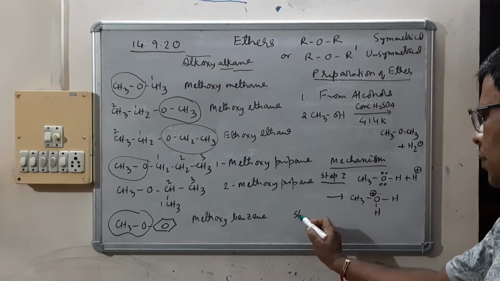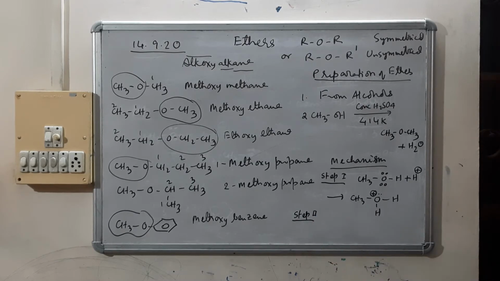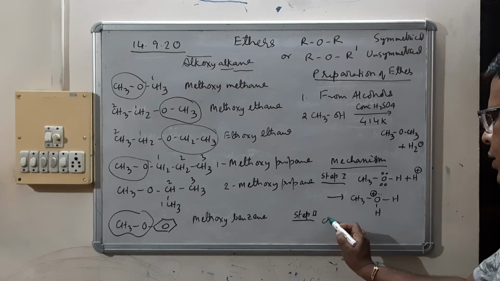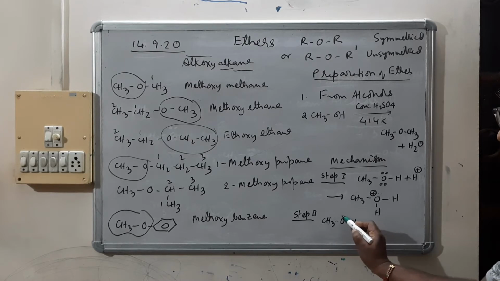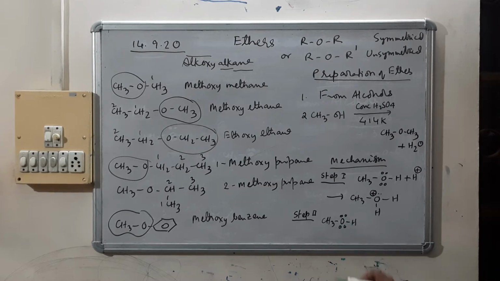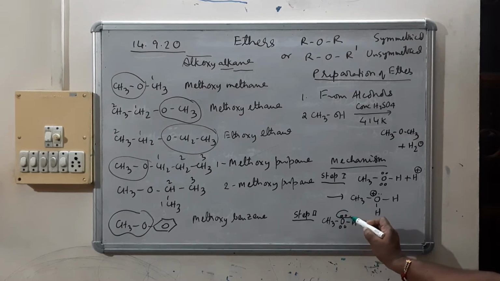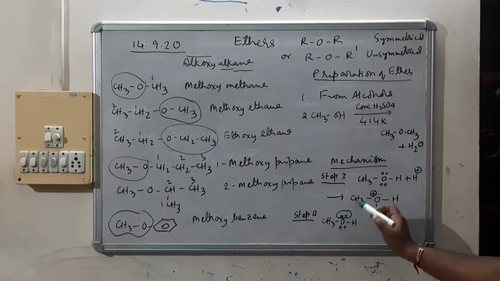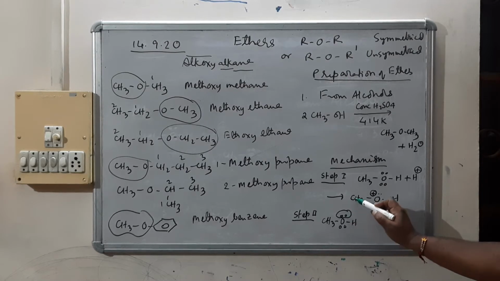And in step 2, what will happen is a second molecule of alcohol will act as a nucleophile, and it will attack at this carbon.